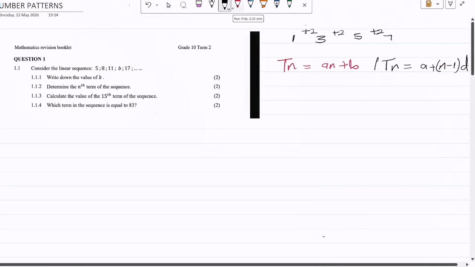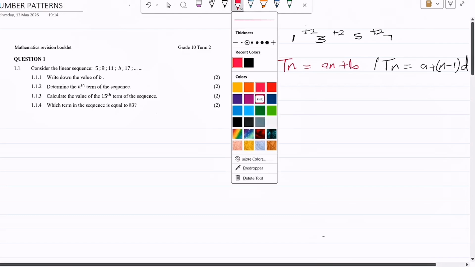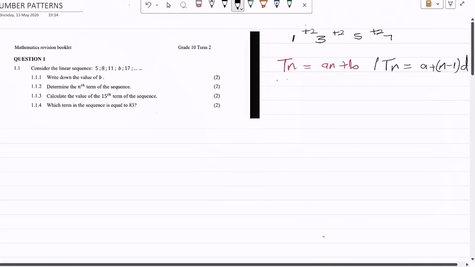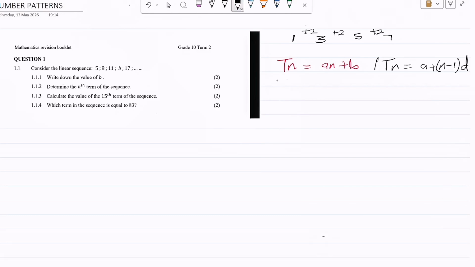So I want us to break down the formula so that you can understand what is happening. Let me change the color. Let's just use black. Tn is what we call the nth term, or the general term.